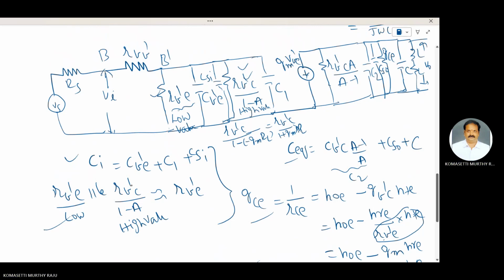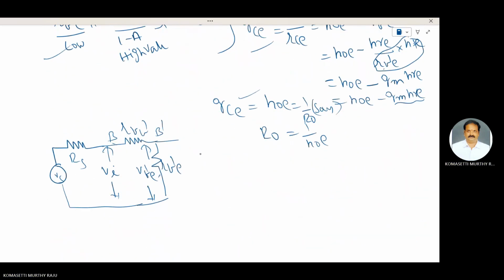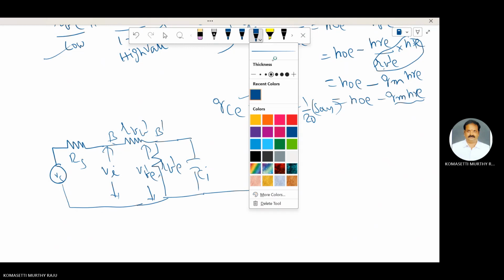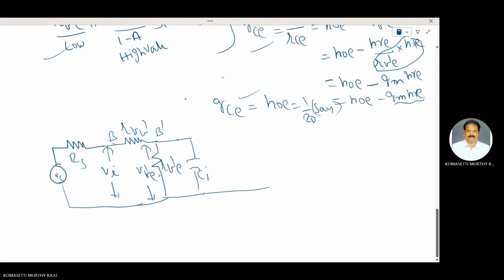Here CI, another capacitance at the input side, includes CB'E, C1 and CSI, the wiring capacitance and stray capacitance. Here at the input side is CA, and the dependent R naught is equal to 1 by HOE.